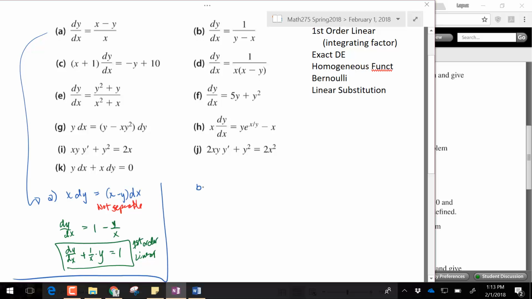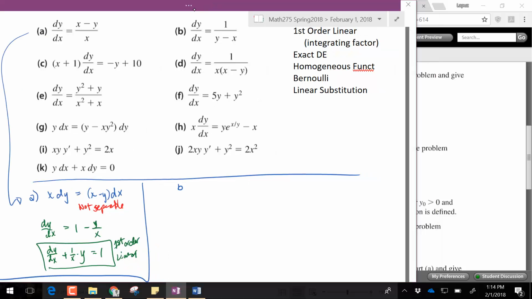So let's take a look at B. Whenever we see the x and y business being added or subtracted, it takes us away from the separable because it makes it hard to separate. So I'll say no, it's not separable.